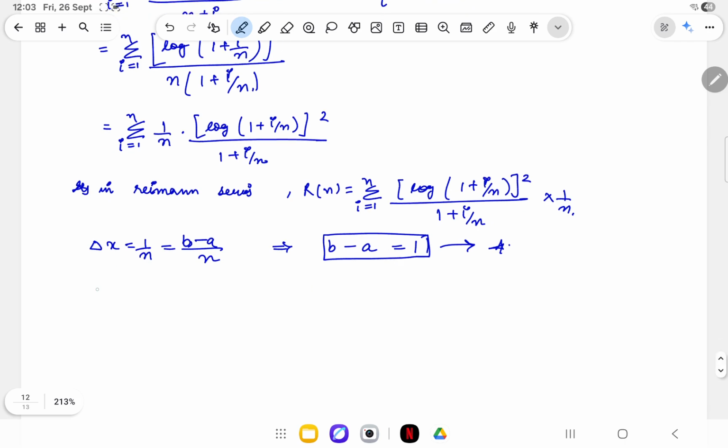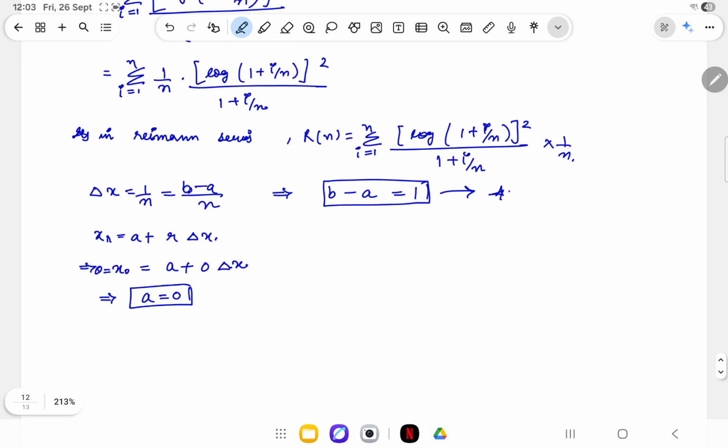Further, we know that x of r is equal to a plus r into del x. That basically gives me x0 is equal to 0, equal to a plus 0 into del x. So from here I got a is equal to 0, and using this relation star, I got my b as 1.